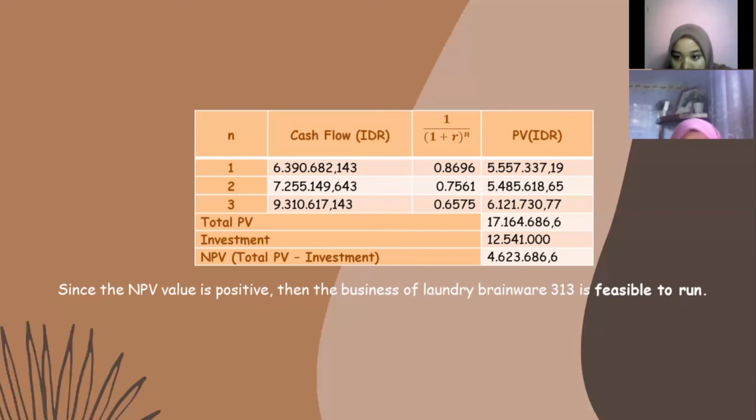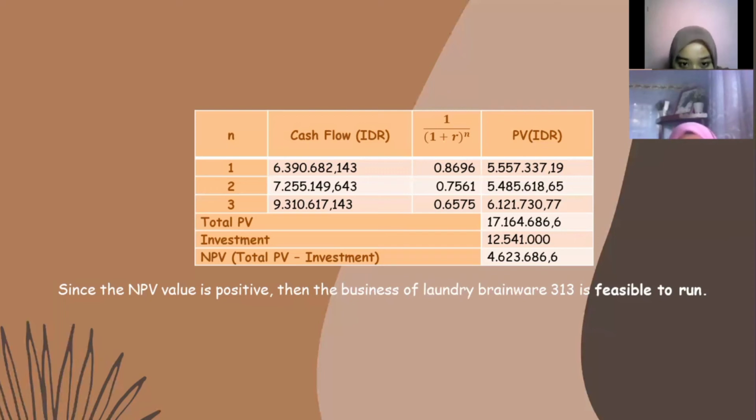17,164,686,6. And then for the total investment is 12,541,000.